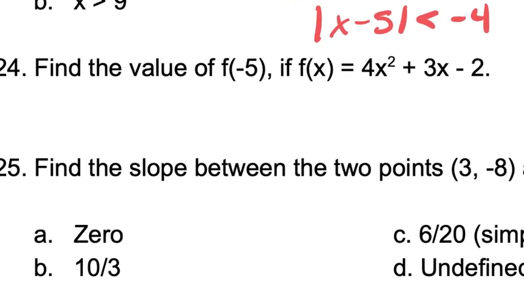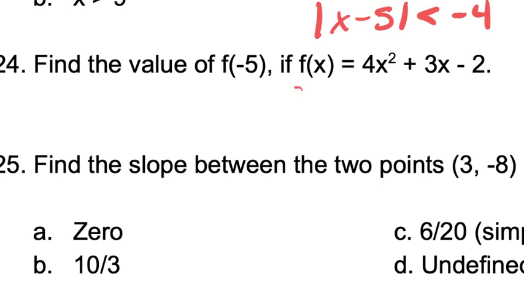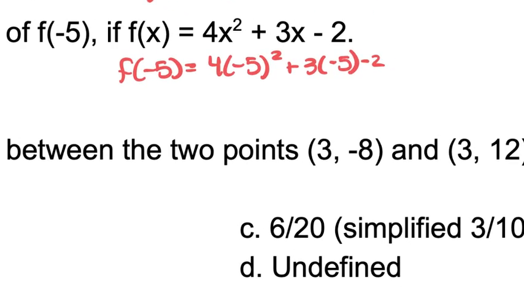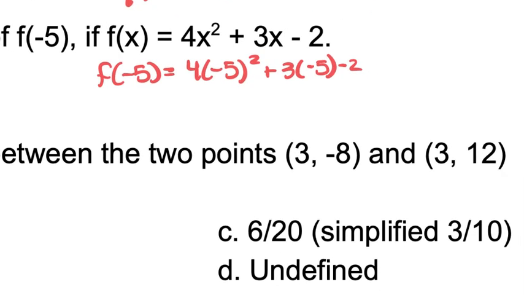Let's see here. Find the value of f of negative 5. We've done this so many times now, everybody. We did it all day long when we were finding vertices. We talked about how you can use your calculator for it, and we talked about how you can do it by hand. I'll do this by hand, of course. So you have to square first. So it becomes 4 times 25.